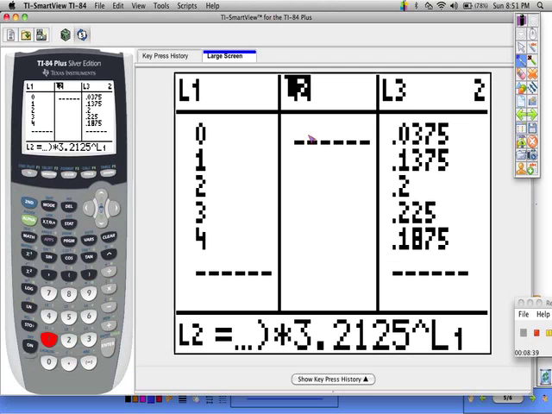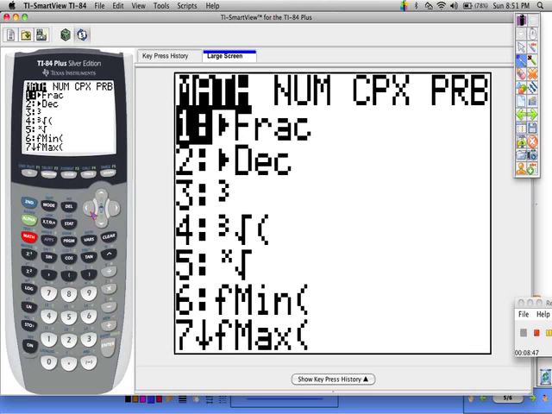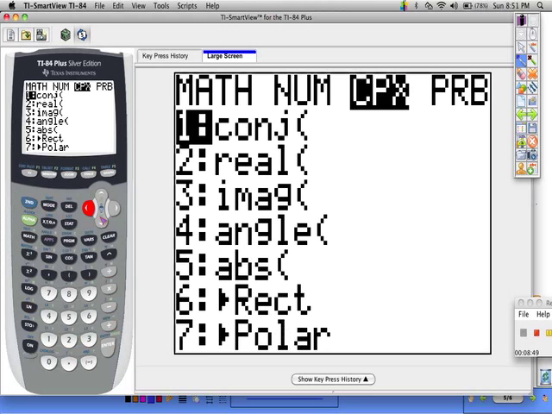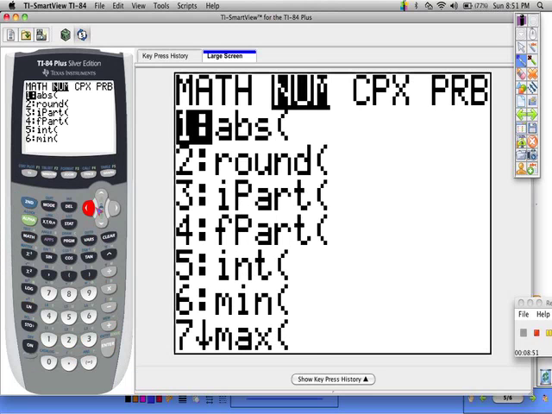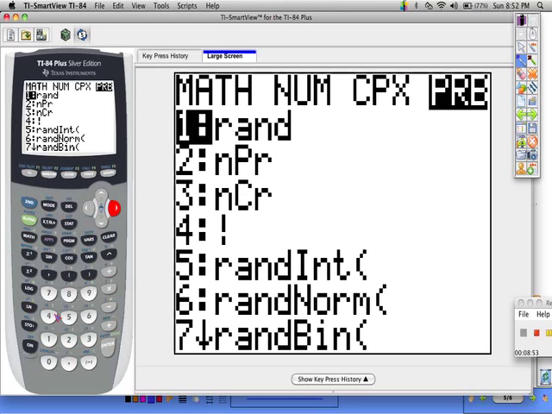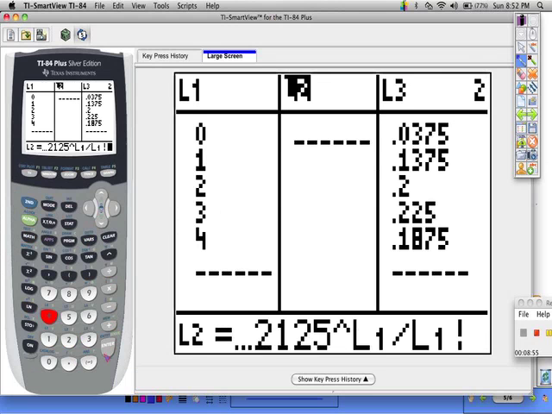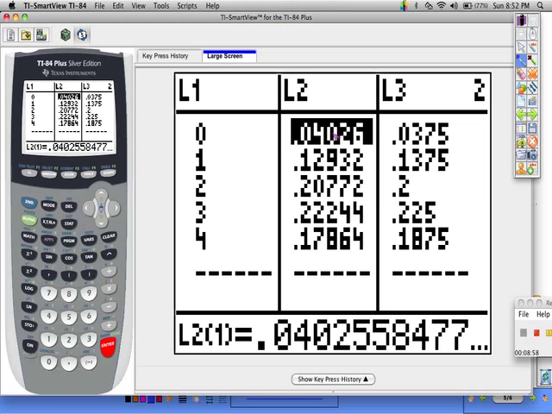This is just going to reference whatever's in list 1 that matches up with each element here, divided by list 1 factorial. Push enter, and note the similarity between list 2 and list 3. We're very close.